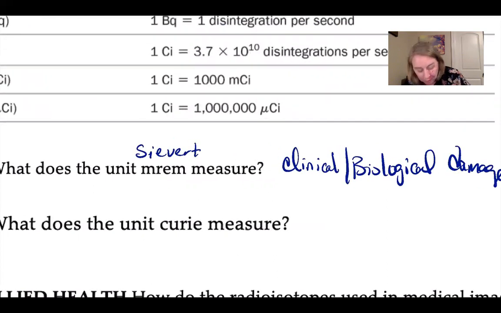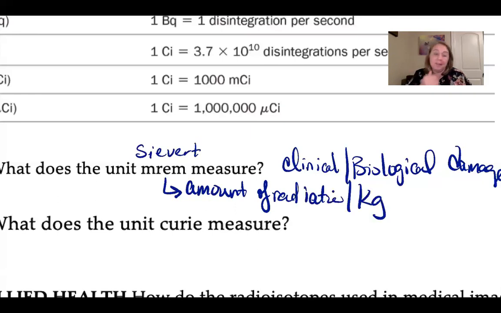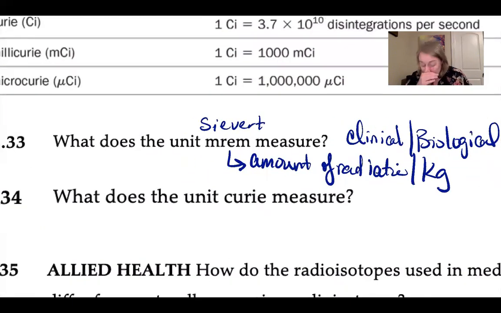Specifically, the millirem looks at the amount of radiation per kilogram of body mass. So the larger the person, the more radiation they can take. A small child cannot take a lot of radiation.